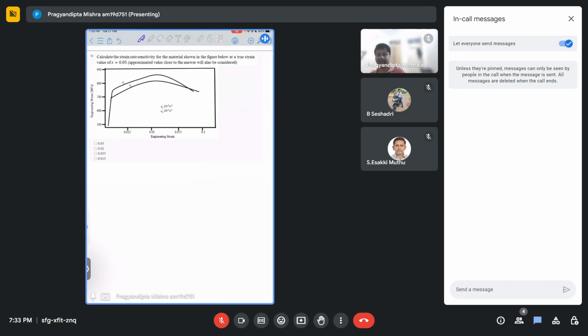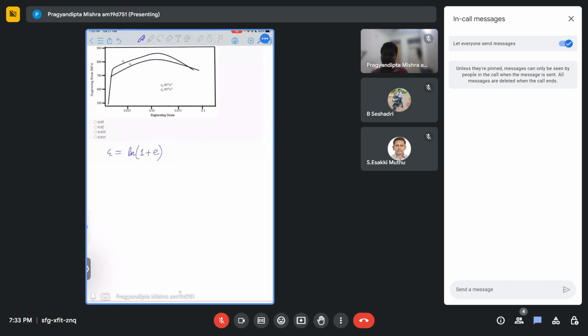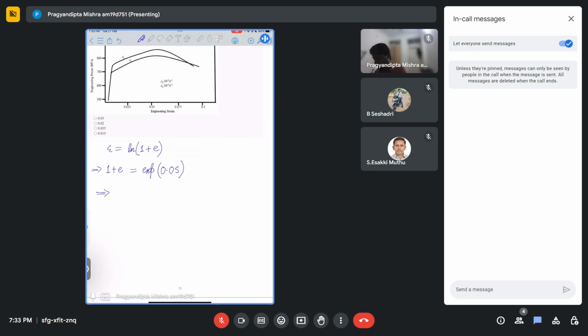So true strain is related to engineering strain by this formula. We already have derived it in the previous class, right? So I can write 1 plus E to be equal to exponential of 0.05, or if I calculate, let me just calculate.